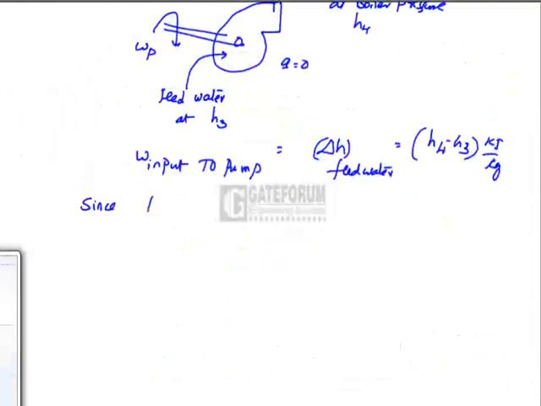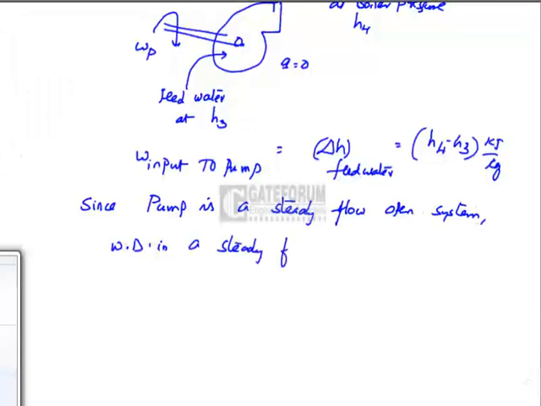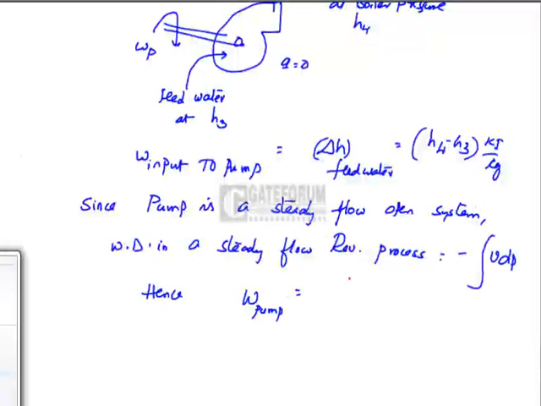Since the pump is a steady flow open system, we know that work done in a steady flow reversible process is given as minus integral VdP. Hence, work done in the pump is integral VdP from condenser pressure to boiler pressure.